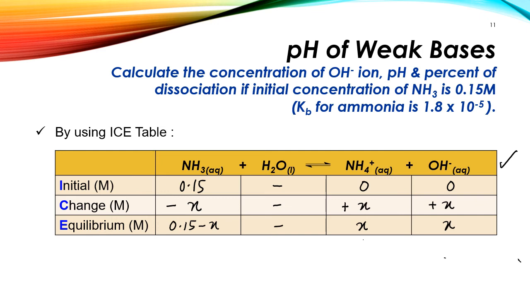Then we can express the dissociation constant. Remember that ammonia is a weak base, so that represents Kb, the dissociation constant for the base. The Kb expression is the concentration of the products divided by the concentration of the reactant.